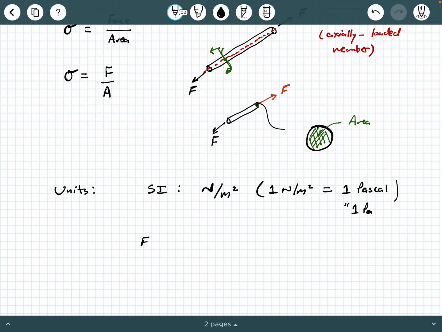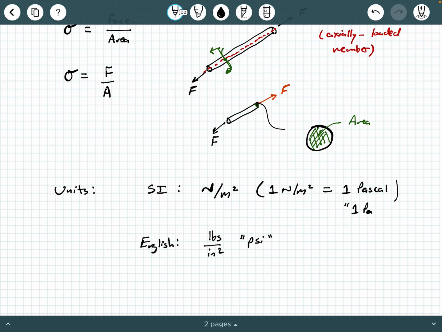What about English units? Well, we have a lot of different versions of units of stress in English units. One very common is pounds per square inch. We sometimes call that a PSI.